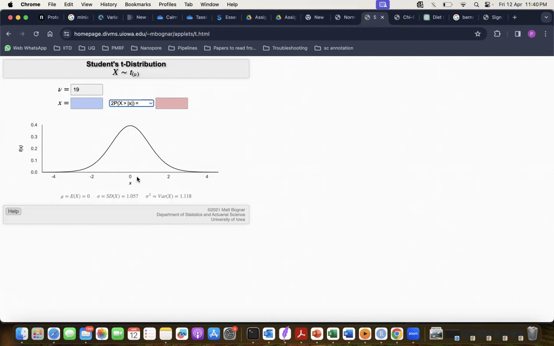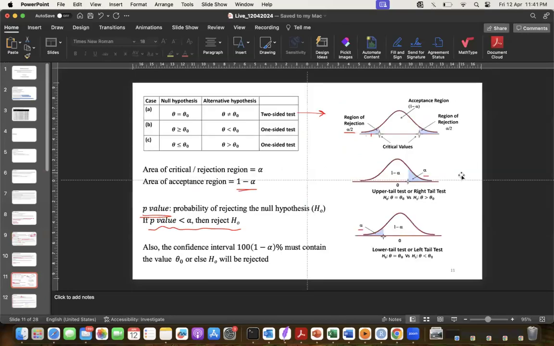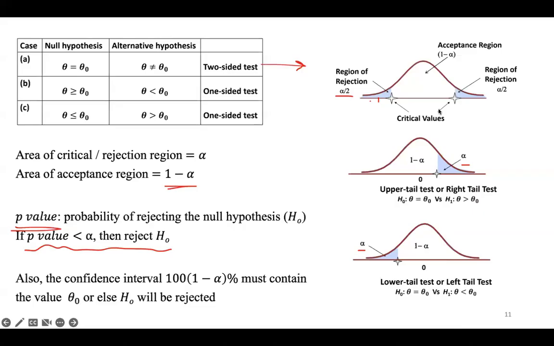In case you missed the initial discussion, the idea is that the critical region, or the area of rejection, is always going to have the area alpha, irrespective of which of the three cases we are looking at.